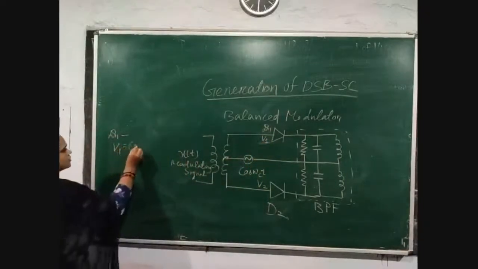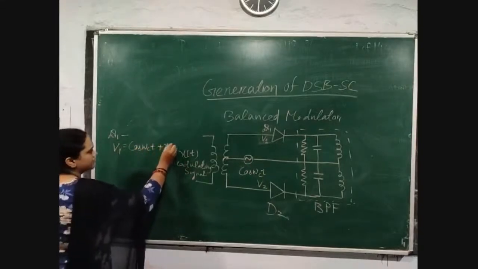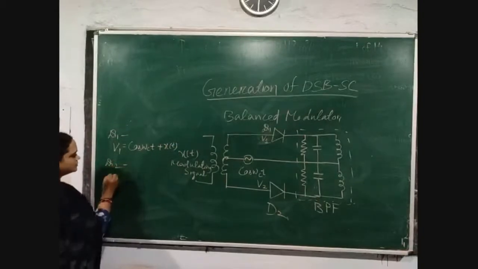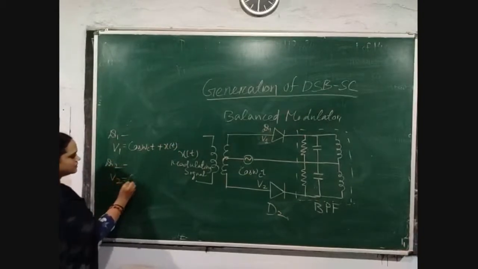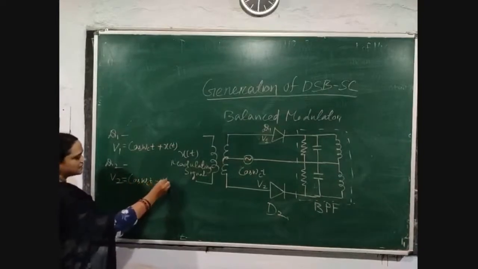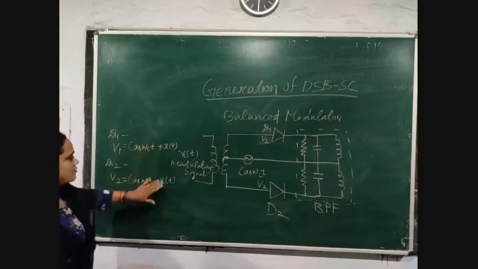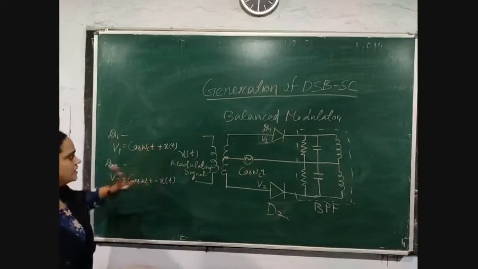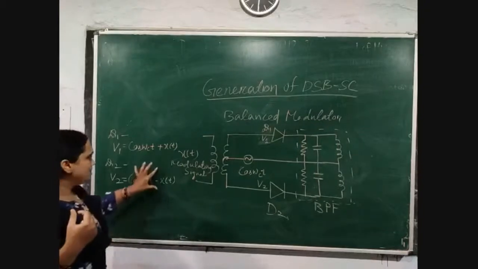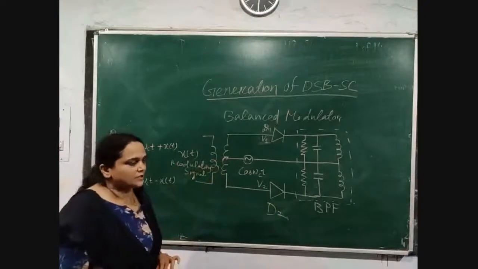So, here cos omega Ct plus x of t, and at diode D2 input is V2 equal to cos omega Ct minus x of t. So, here is equal in value, but 180-degree phase reversal appears during the application at the diode.